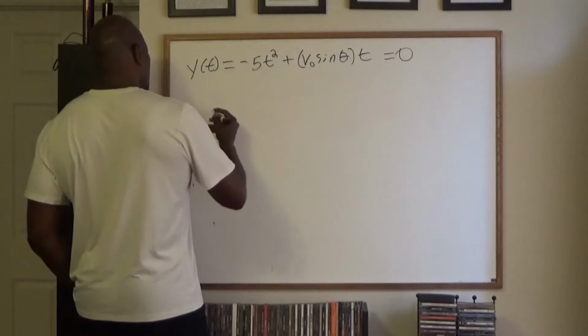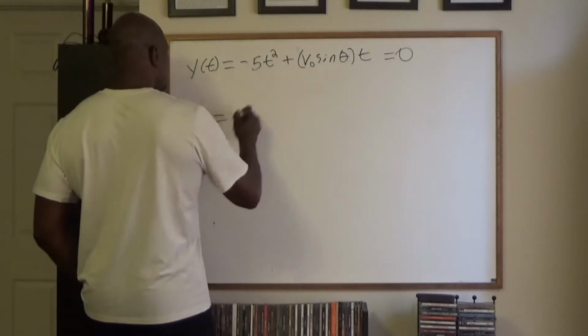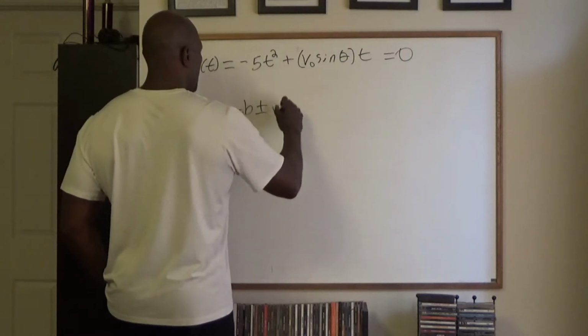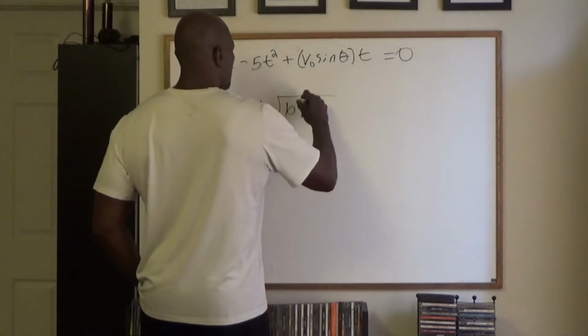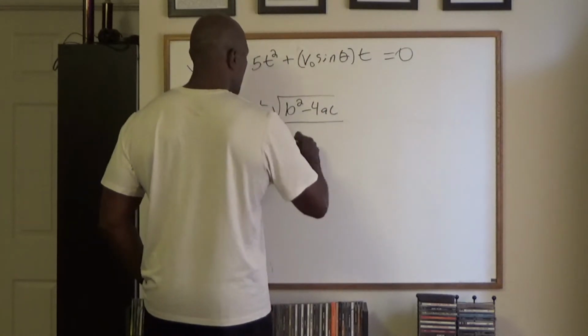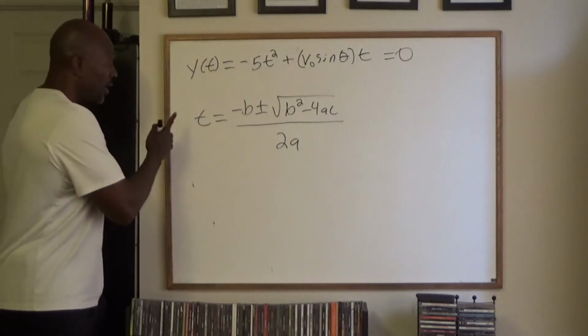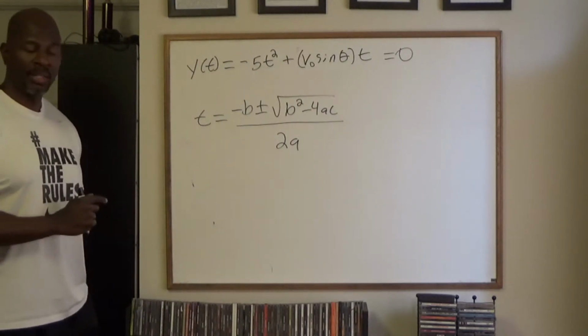For those that don't remember, in this case I'm solving for t, so t would be negative b plus or minus the square root of b squared minus 4ac, all divided by 2a. So I'm going to use the quadratic formula to find the value of t where the projectile hits the ground.